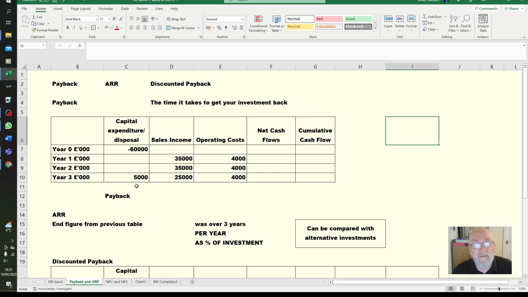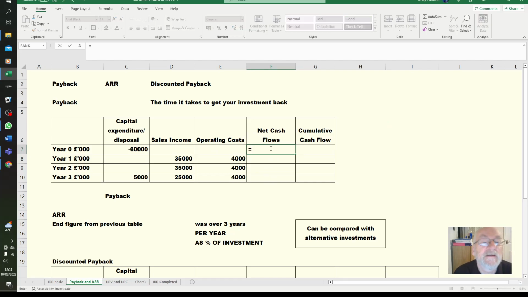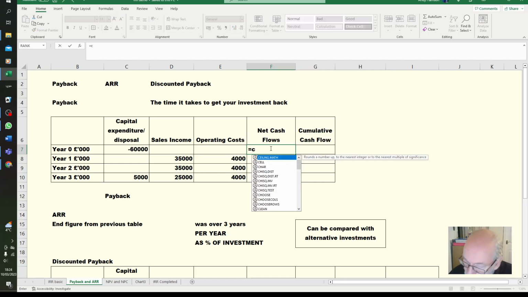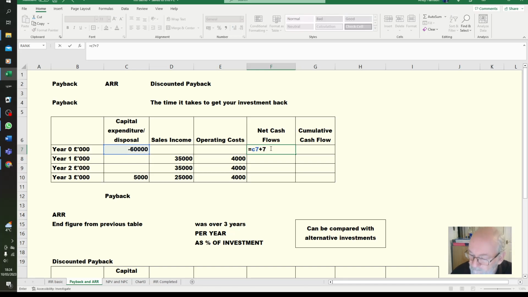So we have capital expenditure and proceeds, we have sales income and operating costs. Sometimes these would be negative, which would actually make the formulas easier. Sometimes you may just see the net cash flow, which is, in this case, the sales income take off the operating costs.